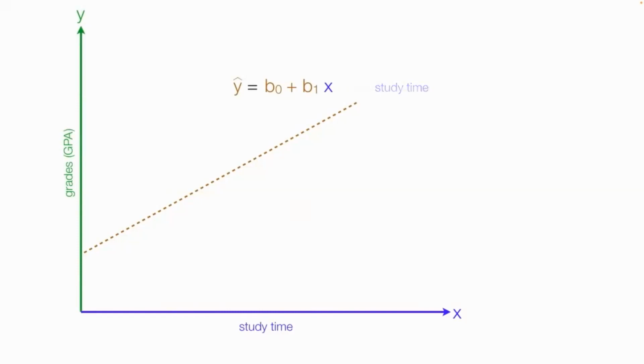B naught we derive mathematically, and it is the y-intercept. B1 we also derive mathematically, and I'll do it in a later video, and it's the slope of the line. In this case, the slope is positive. In the next video, I'll discuss how you develop these equations.